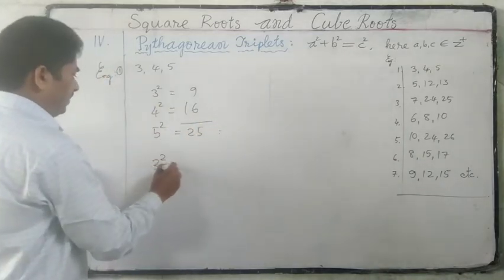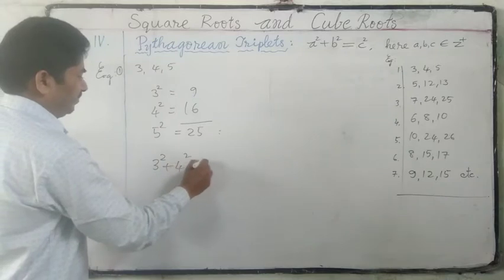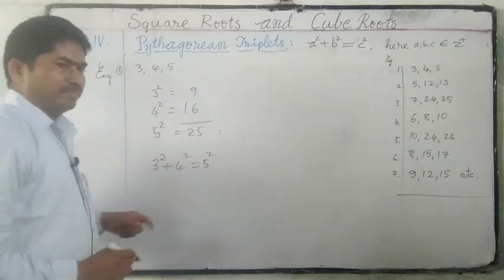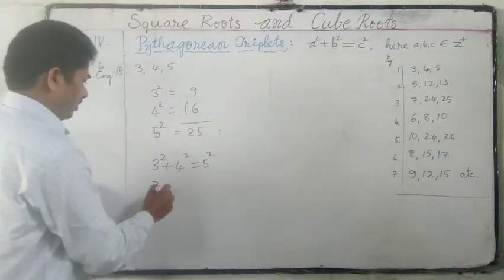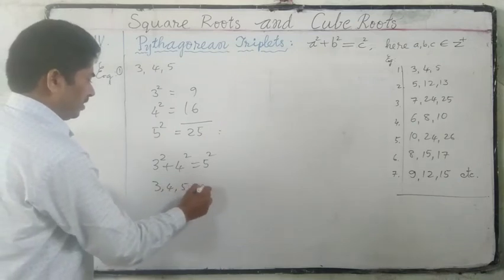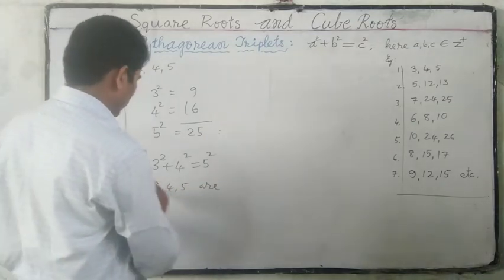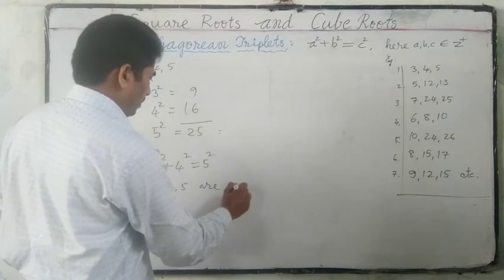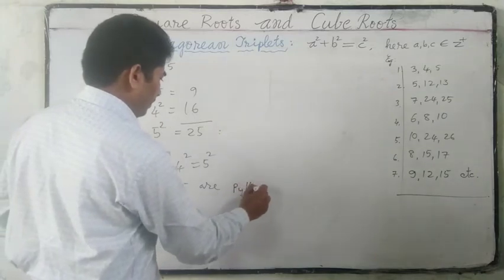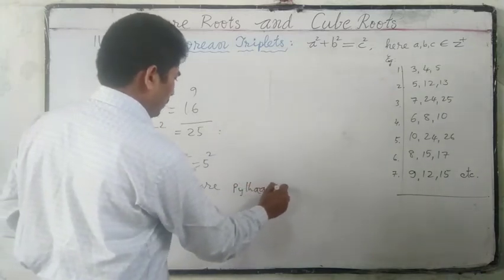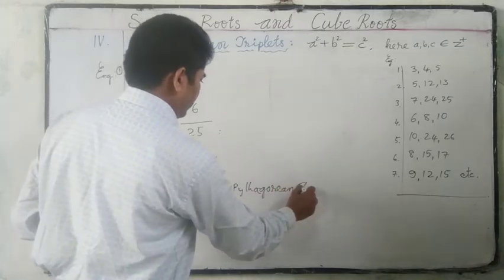Therefore 3 square plus 4 square is equal to 5 square. Therefore 3, 4, 5 are Pythagorean triplets.